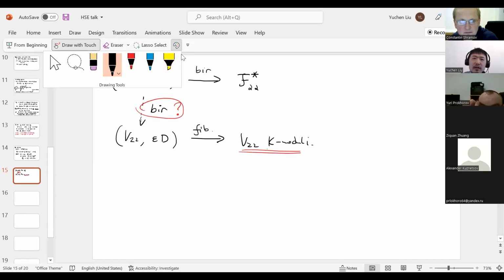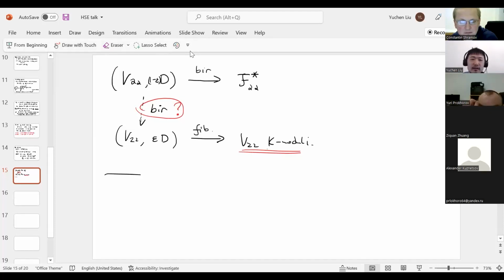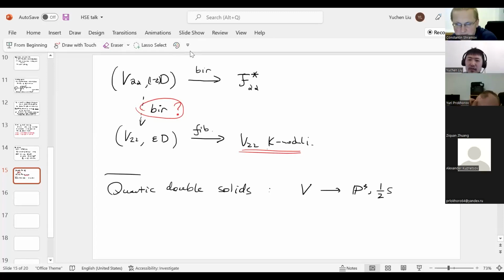But one thing we can say is so-called quartic double solids. I include this in my abstract. Quartic double solids are just double covers of P3 branched along a quartic surface.